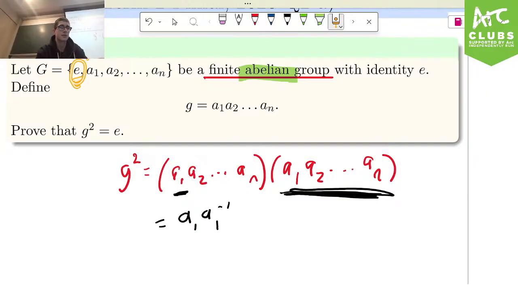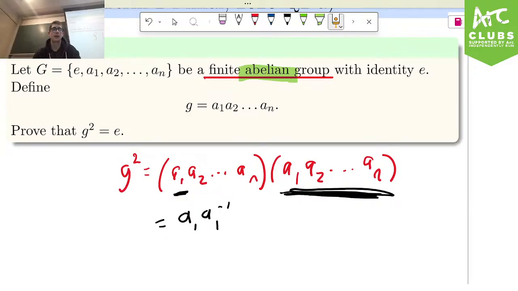So all these other elements, A1 through to AN, an inverse exists for each of them, and they have to be at least one of the elements here, right? So we're saying that we're grabbing whichever one it is. It could be any of these N, well, exactly one of them that is the inverse of A, and we're putting it next to A1.